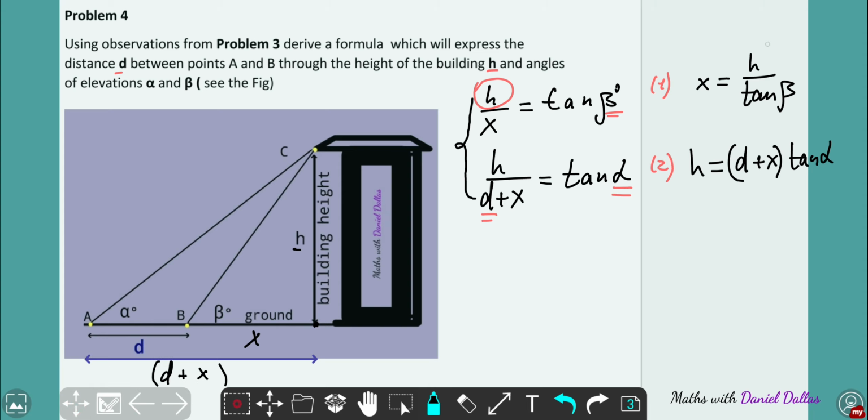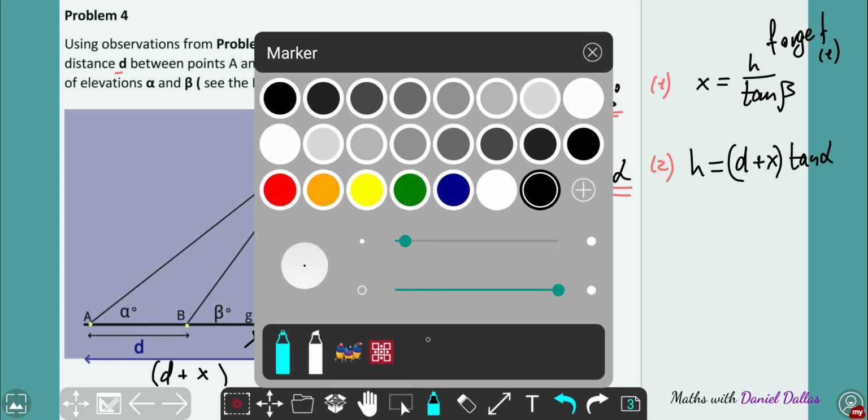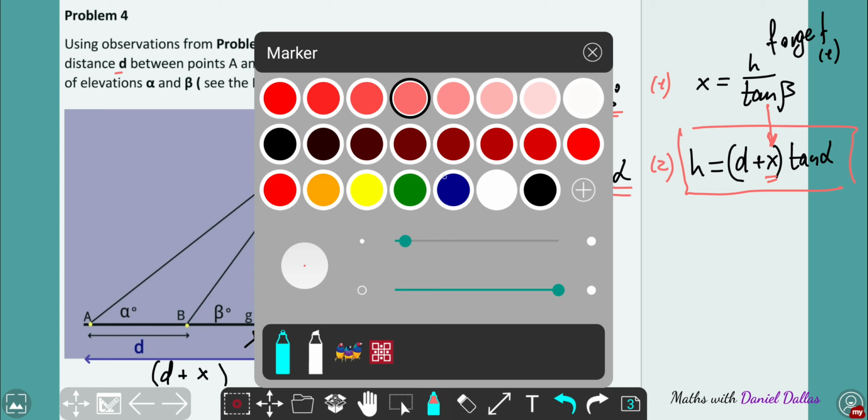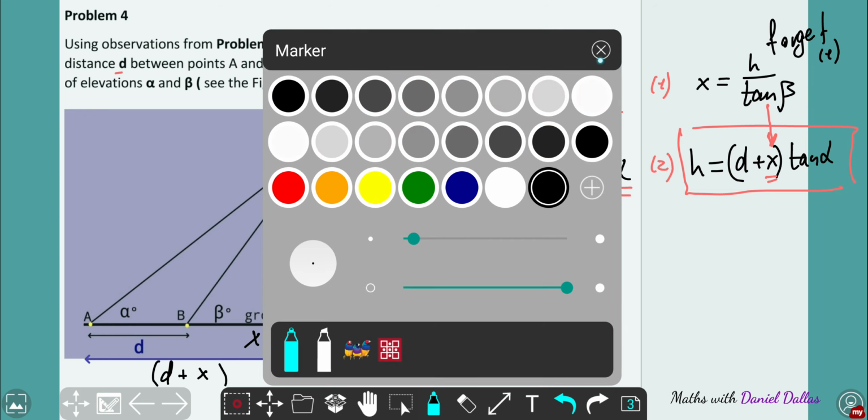So we can forget about equation 1 because we don't need this, and let's concentrate on equation 2. So we need to plug in instead of X. So right there, we can plug this in, and then we can forget about the first equation because we don't need X.